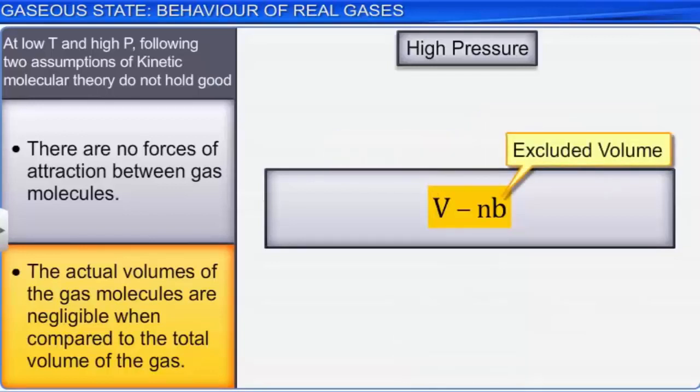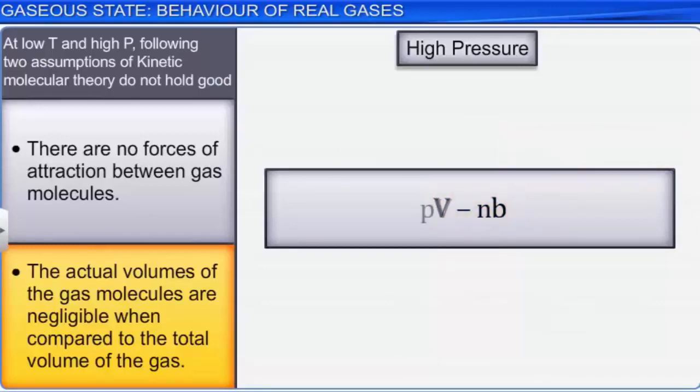After substituting the two corrections of pressure and volume in the ideal gas equation, PV equals nRT, we get P plus a n squared by V squared, multiplied by V minus nb, equals nRT. This equation is known as the van der Waals equation.